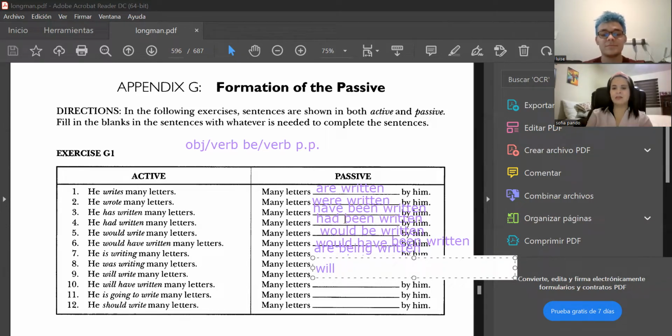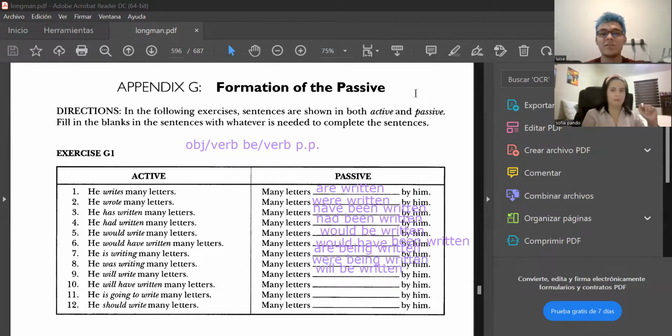And then, just as we did with would, we have to add the verb to be. Exactly. And then the verb in the past participle. There you go, my man. Will be written. Just give me 1 second because my computer is about to turn off. Okay, it's fine. I just have to connect it. We continue.